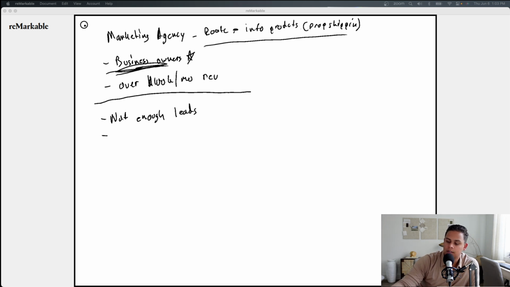Low quality leads. They deal with low quality leads, that's a big one. Their sales percentages are down due to bad marketing.